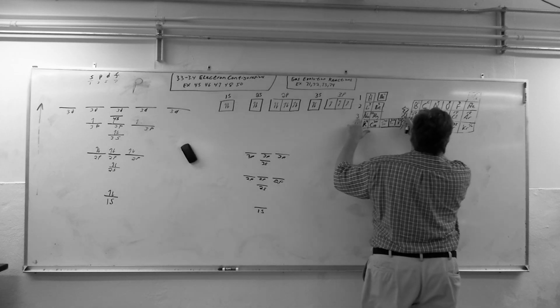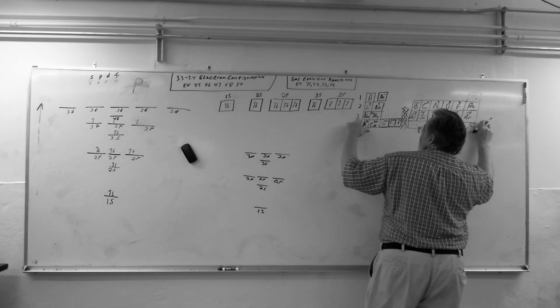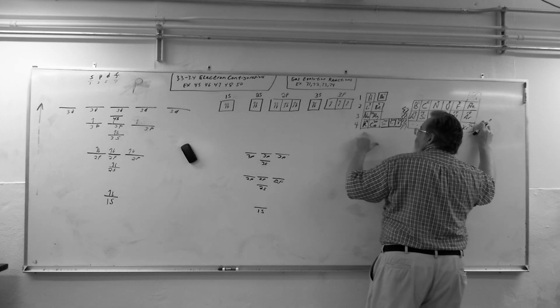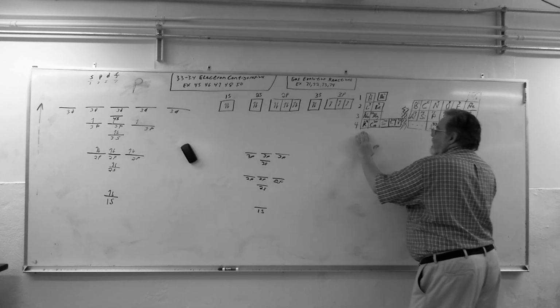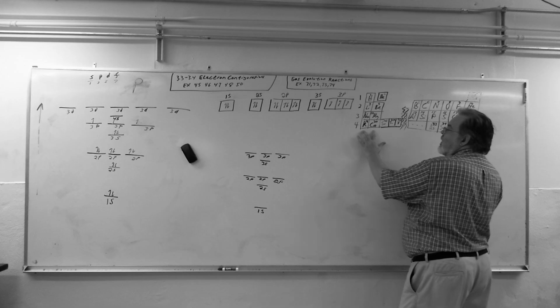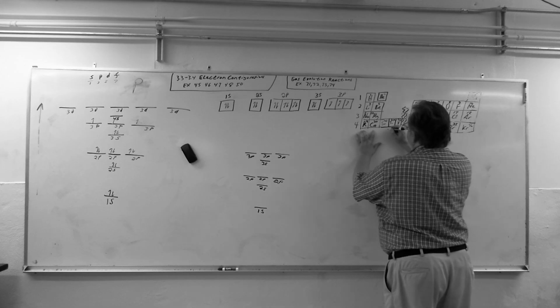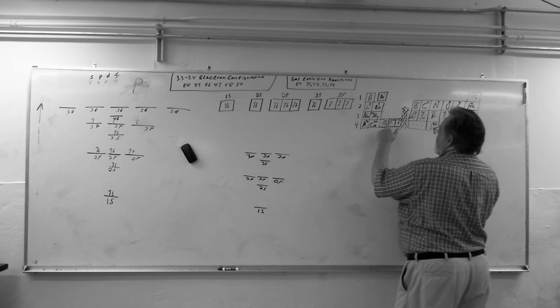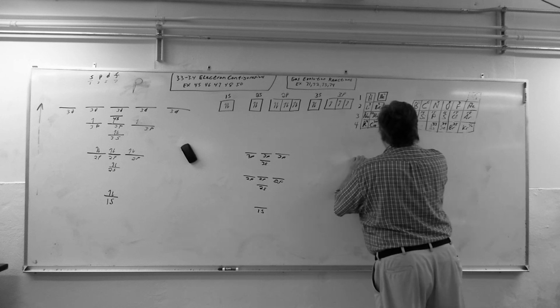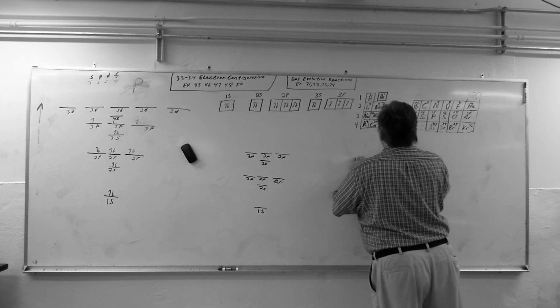We did the 3P block, and then we came down, and we were at 4S, so yeah, that's what's next, 4S. So we build potassium and calcium. And then we start here. This first transition metal row is the 3D block.